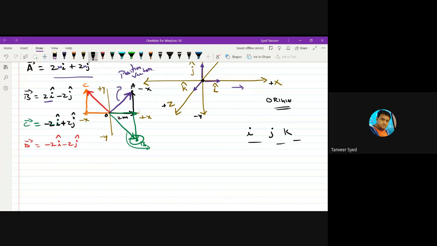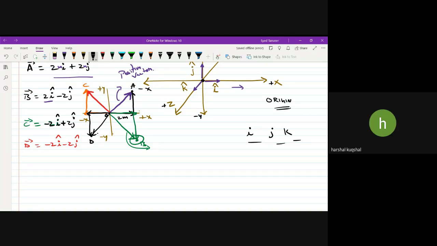We start from origin. Minus 2i means minus x and minus j means minus y. This is the position vector of point D. Sir, what is the measuring unit after minus 2? Okay, it's meter.